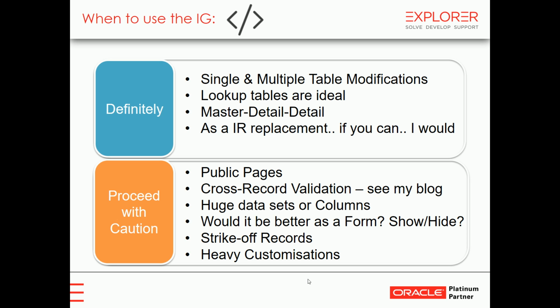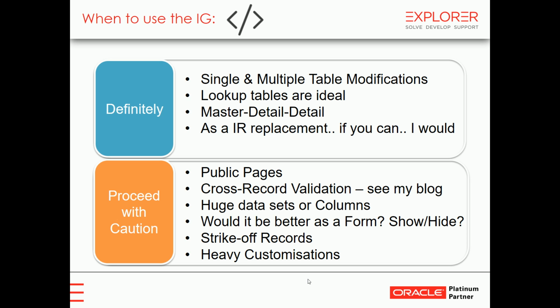Something we've seen a few times is what are called strike-off records. So say you have an interactive grid and it's full of tasks. Now you might have a column on the end which is a select list, which you change to complete. When you change it to complete and update that record and refresh the interactive grid, that record would no longer appear, because your tasks only show you the non-complete records.